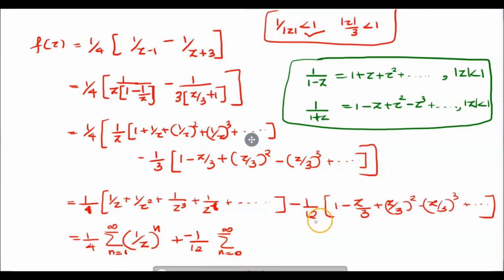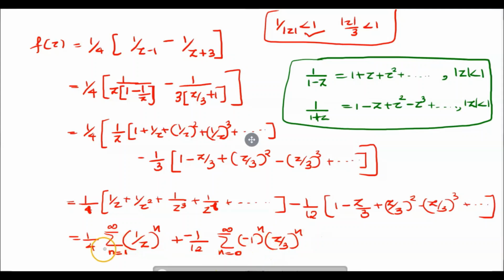Also there is alternating plus and minus, so this is minus 1 power n, z by 3 all power n. So the first term is 1: minus 1 power 0 is 1 and z by 3 power 0 is also 1. Next term is negative z by 3 and so on.